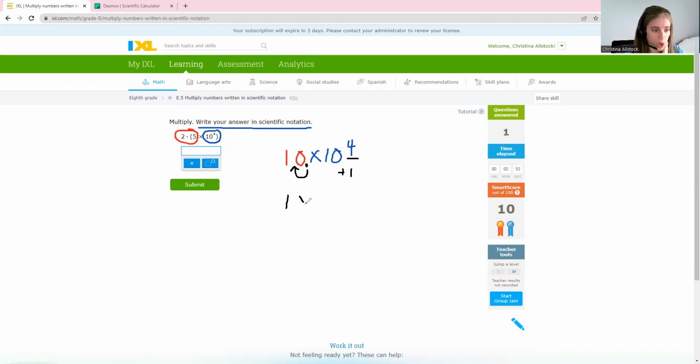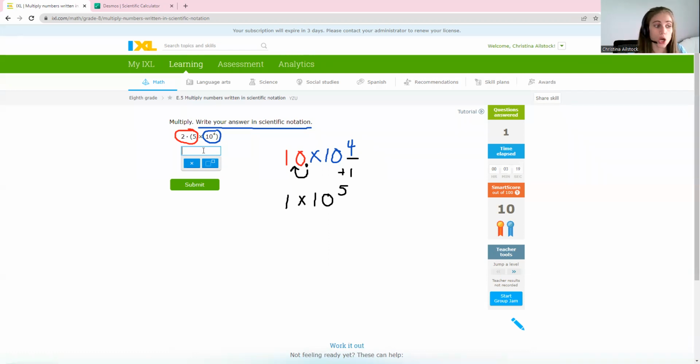So this becomes 1 times 10 to the 5th. That's definitely something to always pause and look for. When you finish a problem, make sure that it is in correct scientific notation, and you don't need to move that decimal point a couple places to ensure that your coefficient is a value less than 10.